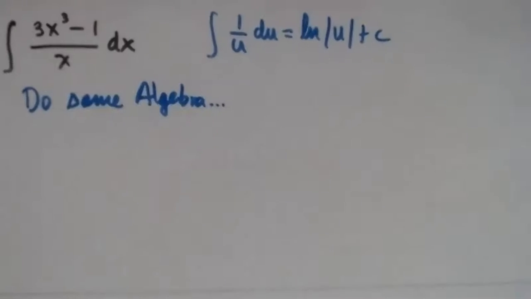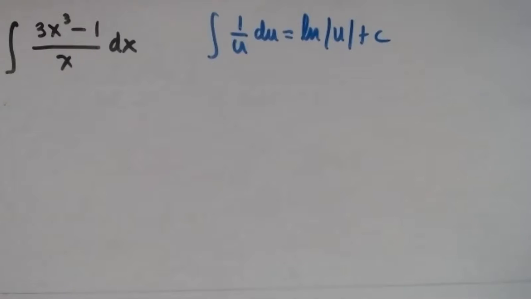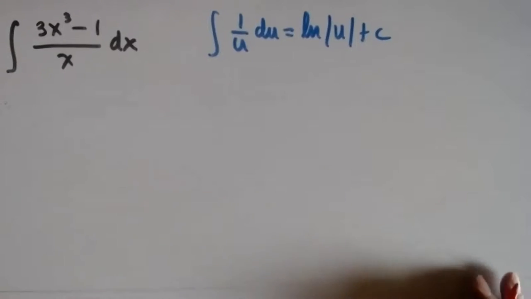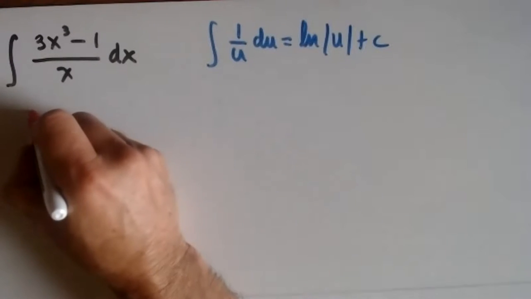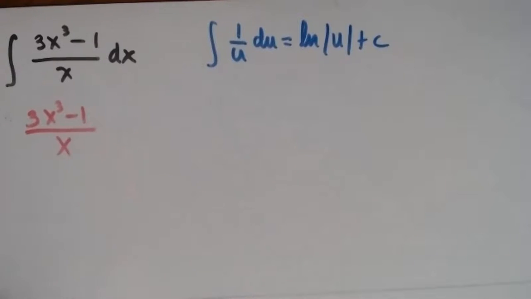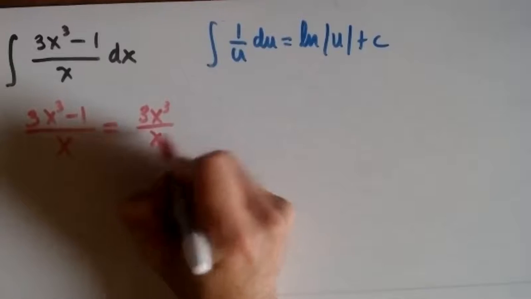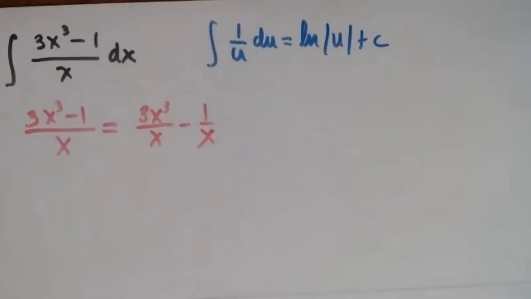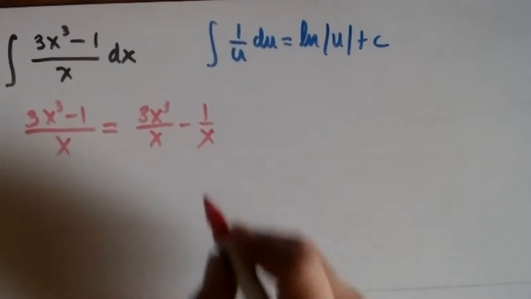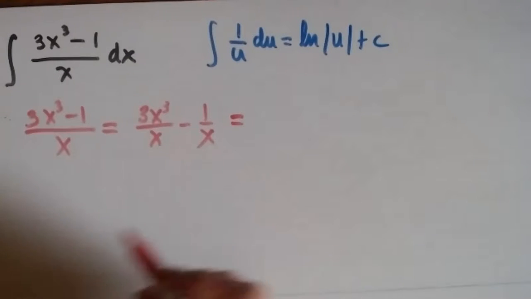So I'm going to try exactly the same here. I'm going to do some algebra before. I'm going to take this one, 3x cubed minus 1 over x. And now I'm going to split it: 3x cubed over x minus 1 over x. So I have two fractions. But what is my advantage? My advantage is the first expression is going to simplify.